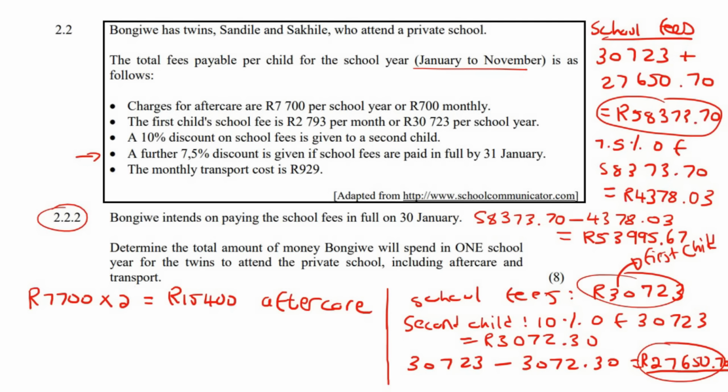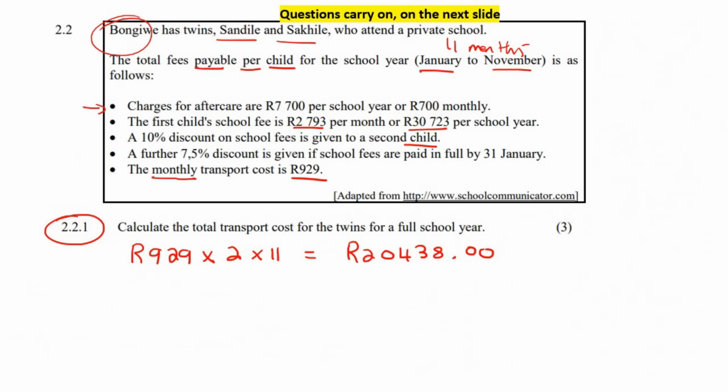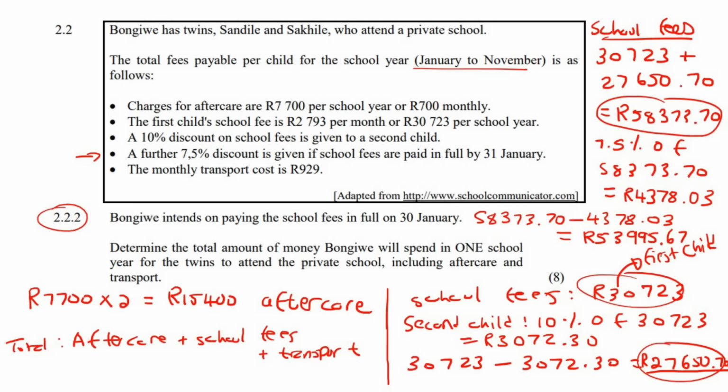Okay, so the total amount is now going to be aftercare plus school fees plus transport. Okay, so aftercare, we worked out in the previous question, is going to be, oh no, that was transport. Where did we work out? Oh no, aftercare we worked out here, 15,400.